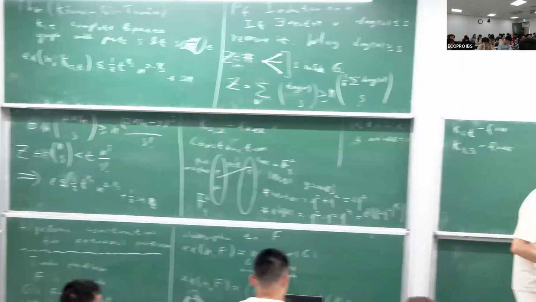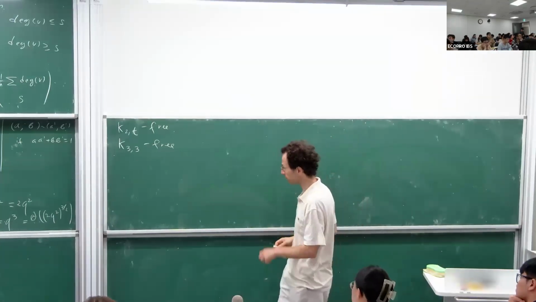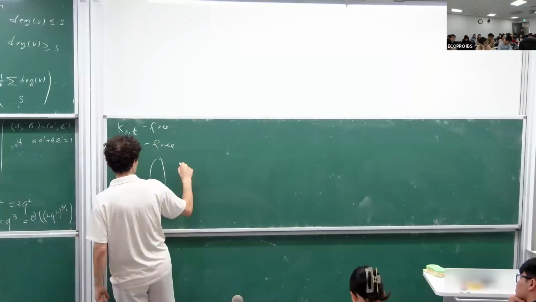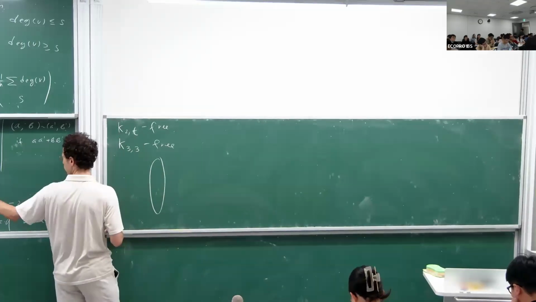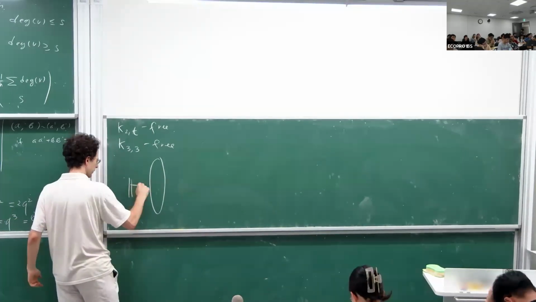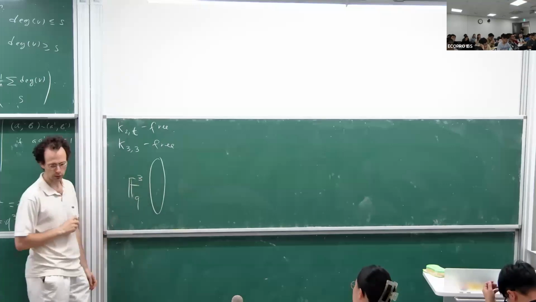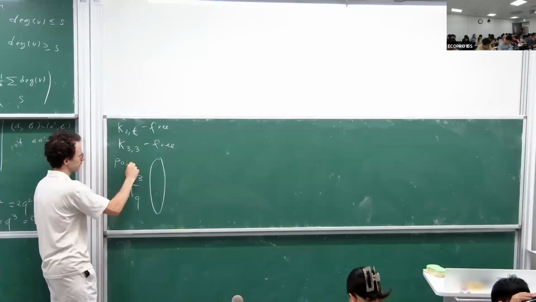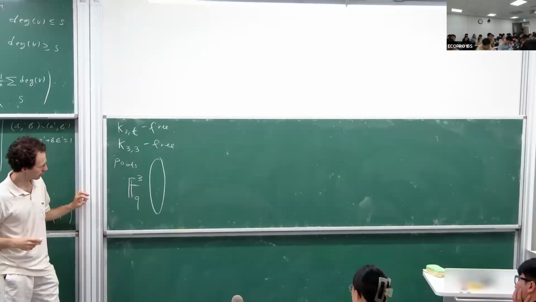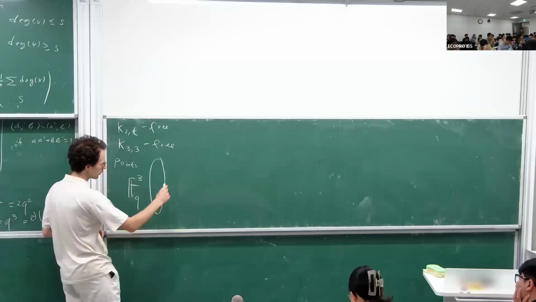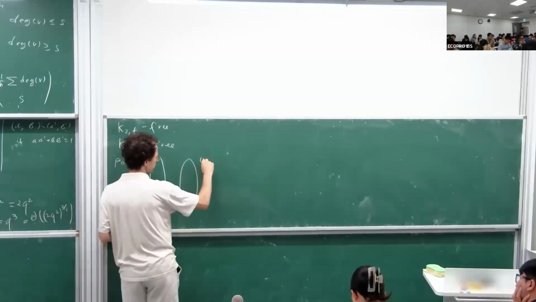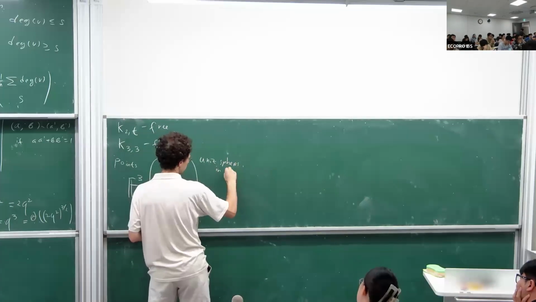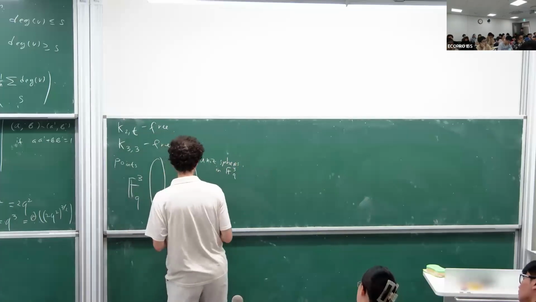So let me tell you the construction for that. It's similar to this construction here, except instead of working in the plane, I'm working in a free space. So on the left, I have points over F_q, in a free space over F_q. On the right, I have unit spheres. So, okay, what's a unit sphere?